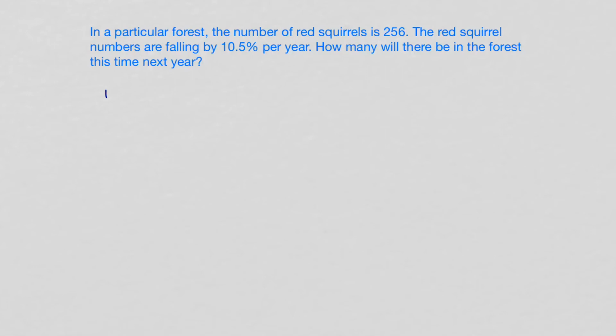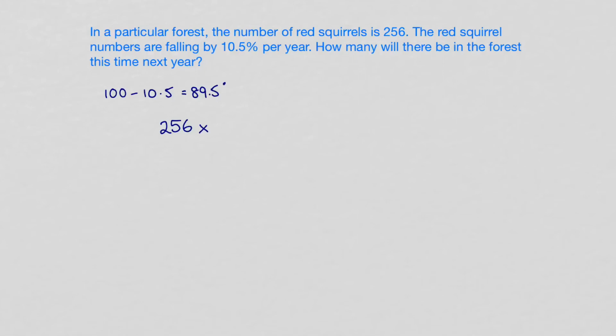Okay, so the first thing we need to work out is 100 take away 10.5. That gives us 89.5. Okay, so we're finding 89.5% of 256. Okay, so we can go straight to working out the answer. We're starting off with 256 squirrels, and we multiply by our multiplier.